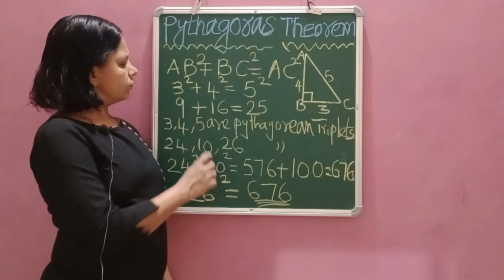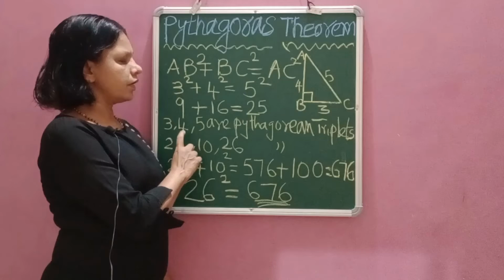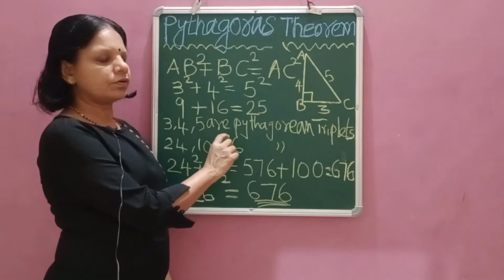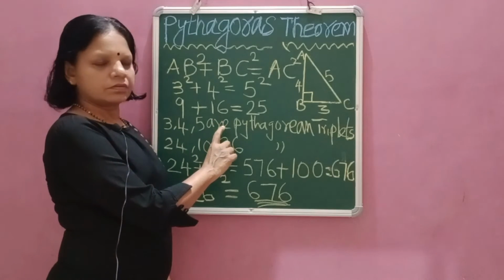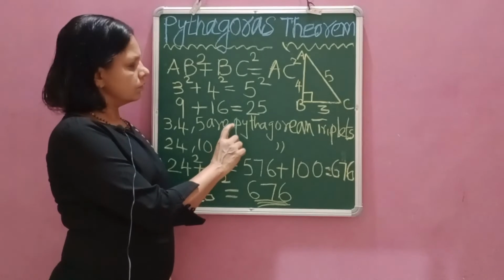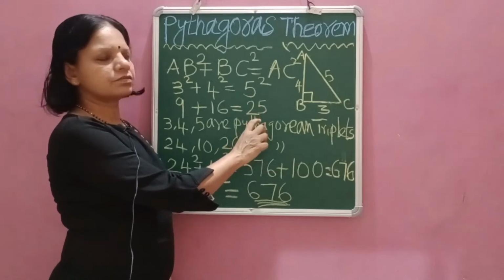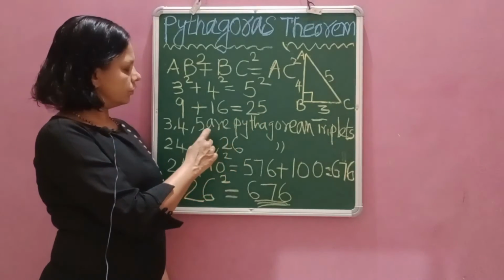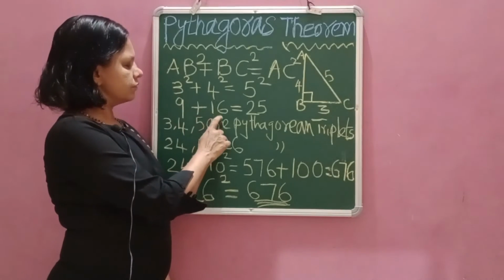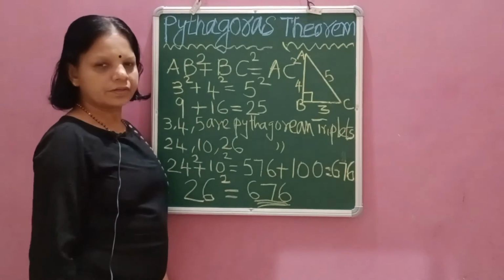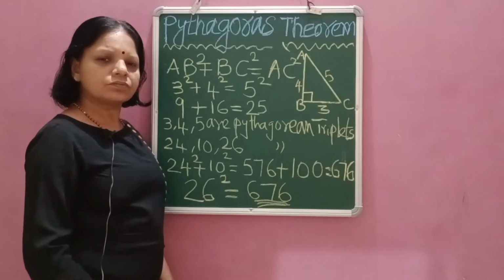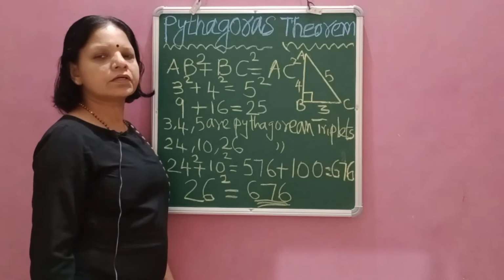So square of 3 is 9, square of 4 is 16 and square of 5 is 25. So 9 plus 16 is 25. This is true for any right angle triangle.